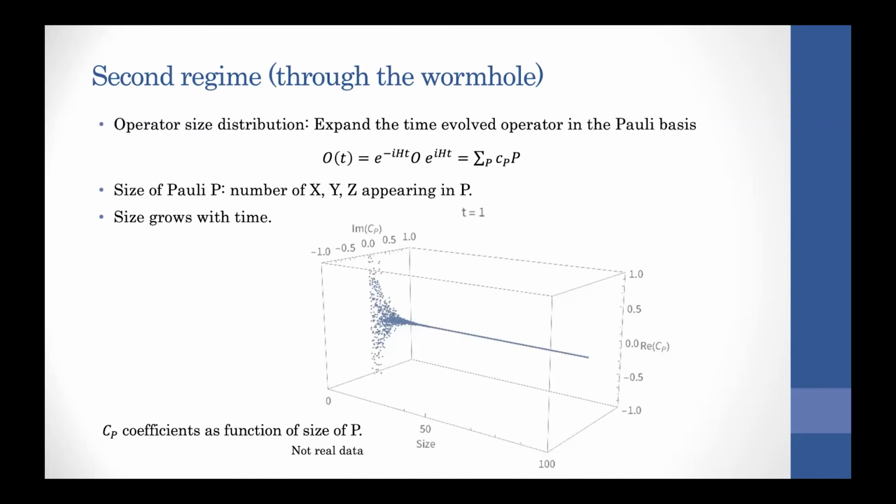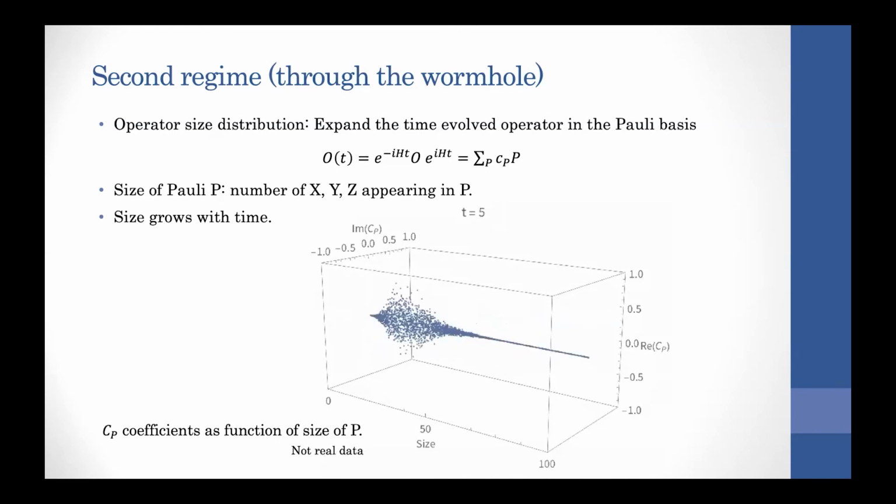And as Tommy said, you expand it in the multi-qubit Pauli basis, and you get some coefficients. As you increase time, the support of these coefficients goes to larger and larger operators because your operator size grows.